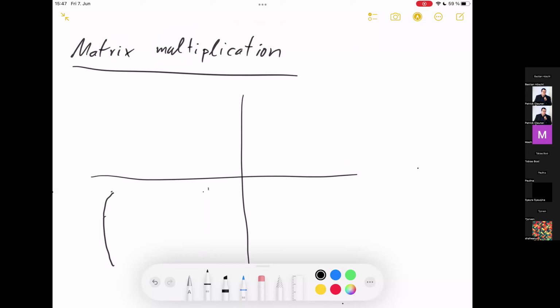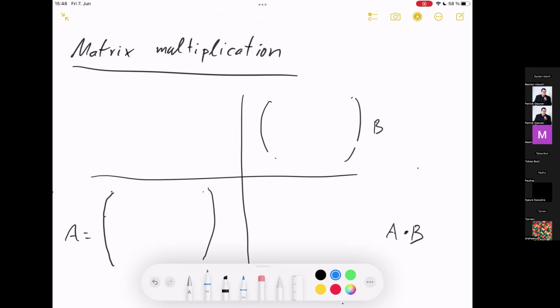So this is matrix A and this is B, and what we want to have is A times B. It's 2 by 2 matrices for now.